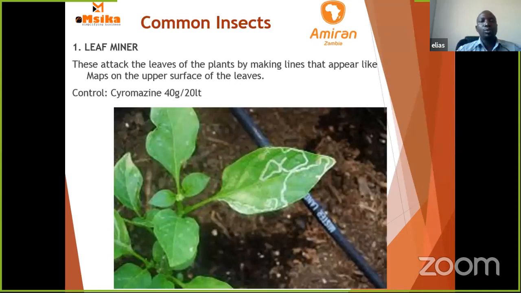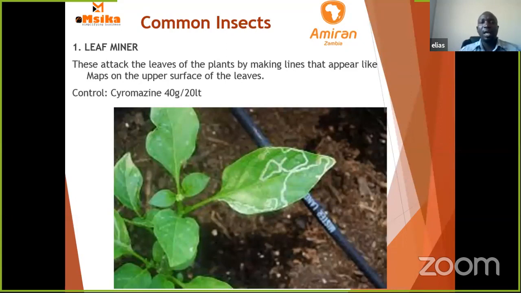Now, coming to common insects that we find in peppers. Number one, we have leaf miner. Leaf miners attack the leaves of the plant. The first sign that there's an attack by leaf miner, you may not be able to see the leaf miner itself, but you just see the symptoms.